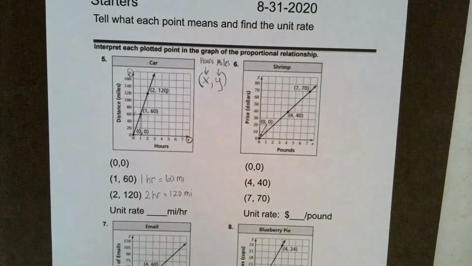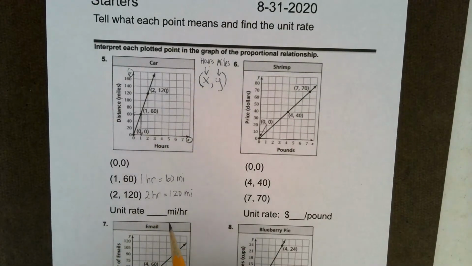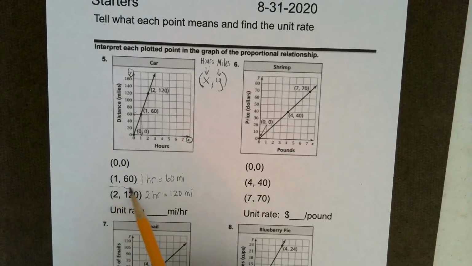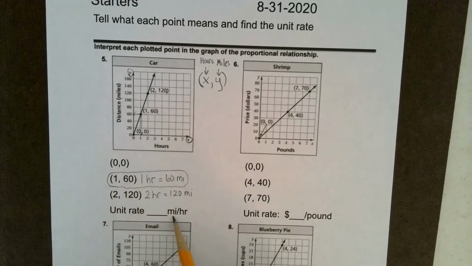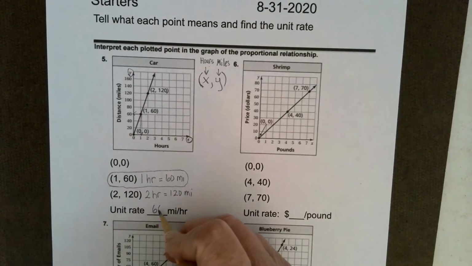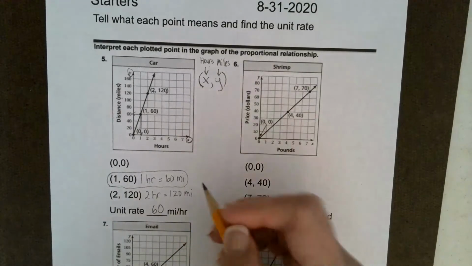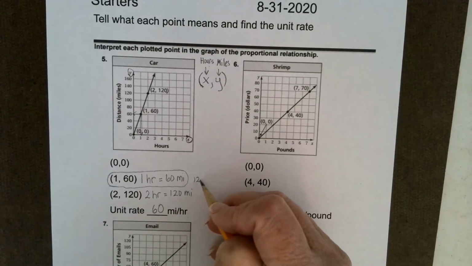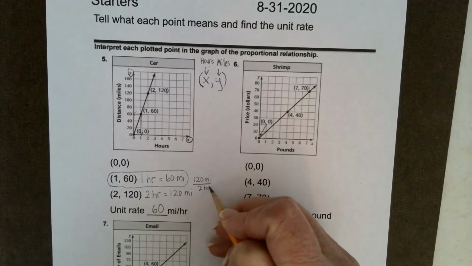So in this particular problem, the unit rate you can find a couple of different ways. One, we could look right here, because this gives us miles in 1 hour. So we've got 60 miles per hour. We could have looked at this one and did 120 miles divided by 2 hours.